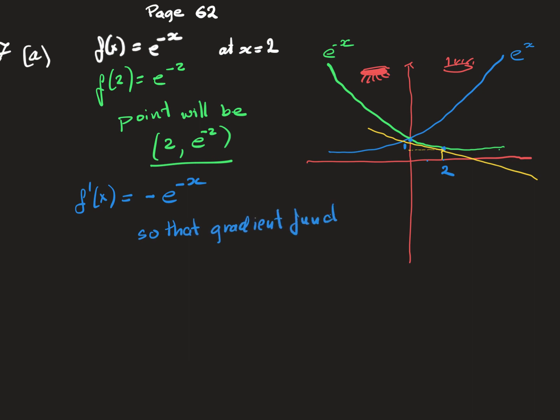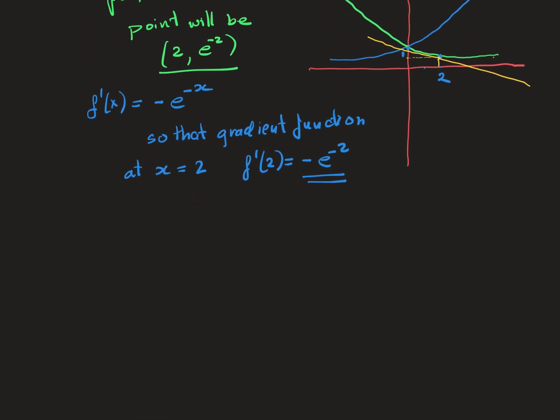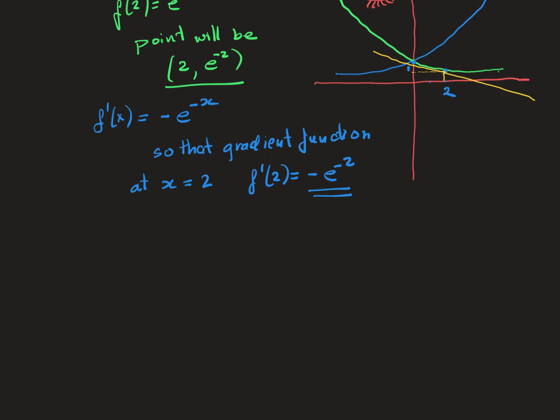Now you want to know what is the gradient at x is equal to 2. Well, the gradient at 2 is therefore going to be minus e to the minus 2. That's what we're going to need to solve for the equation.